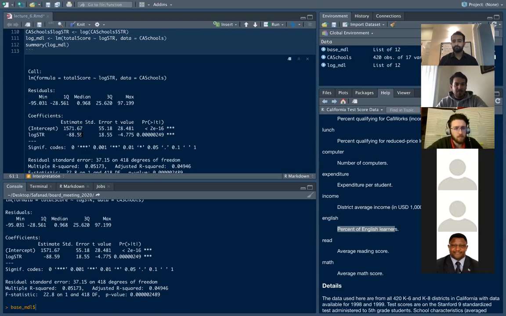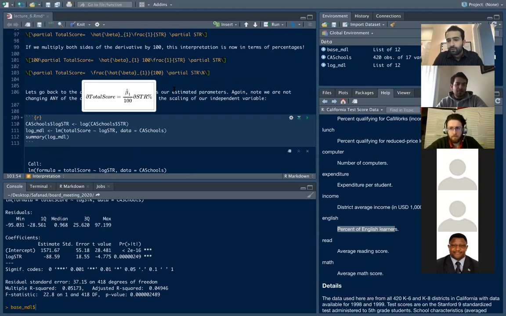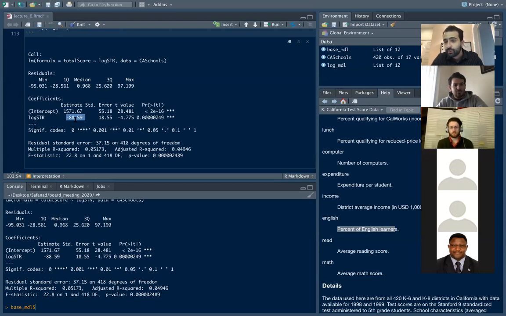Minus 0.88. Exactly. Okay. So we said before in our little derivation here, a 1% change is basically 0.01. So it'd be 0.01 multiplied by beta 1, which would be 0.88. Or you could think of it as a 1% change, divide the beta by 100. That's a 0.88 point decrease.